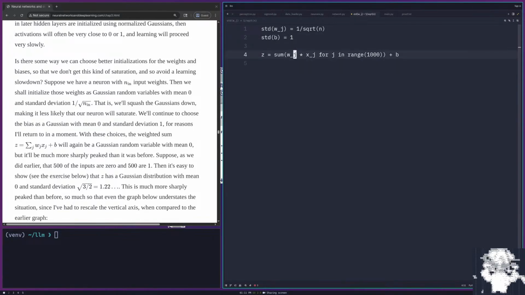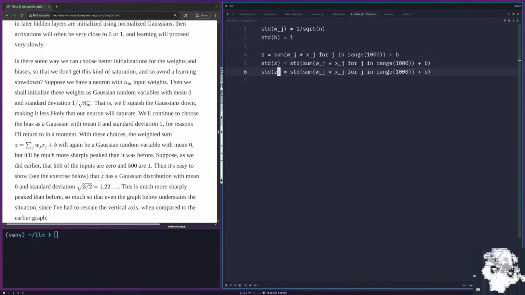So for z, if we want to talk about its standard deviation, that's going to be equal to the standard deviation of this whole thing. The trick we have is that the standard deviation is the square root of the variance. So square root of the variance of these two things.